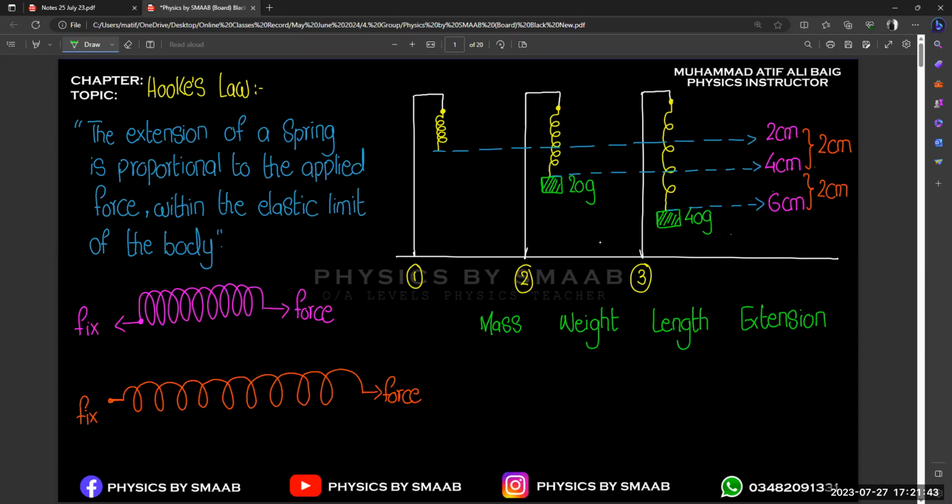But after some time, there is a specific length where if you try to add more mass or more weight to the spring, your length will be constant for some time, right? Your readings, your values of the length will be constant after some time. So actually that specific length shows you this is the elastic limit of the spring, right?